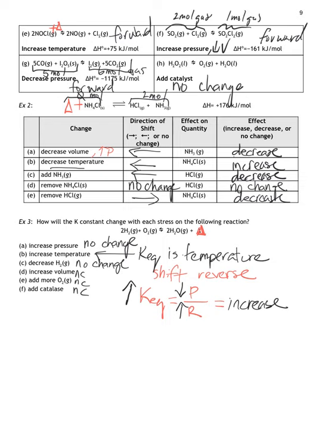So the key is that the reactants are increasing, and of course products are decreasing as a result. And there's much more reactants than products.